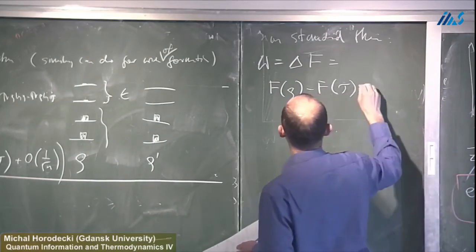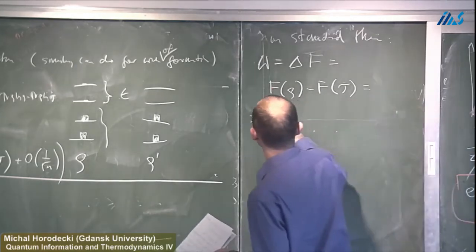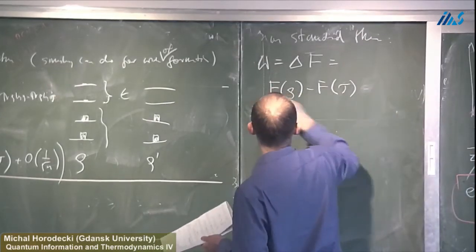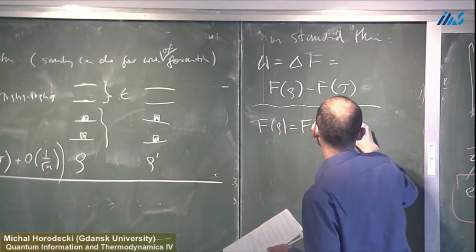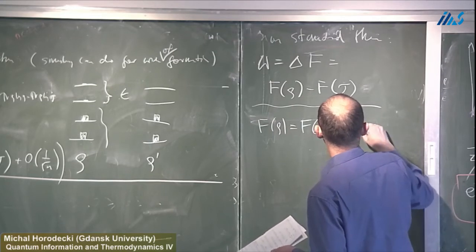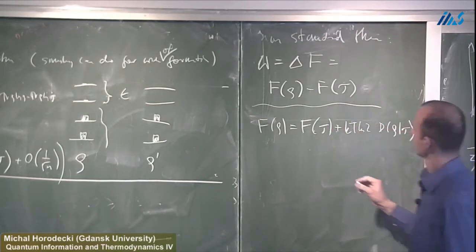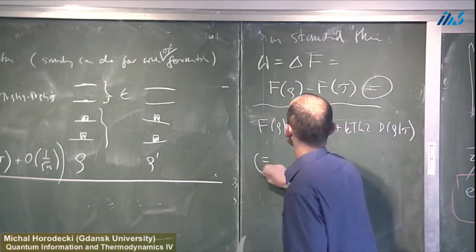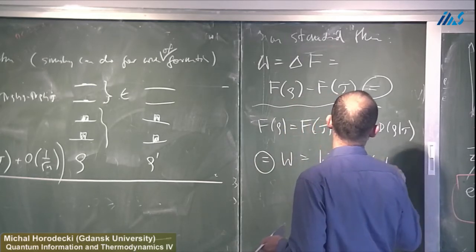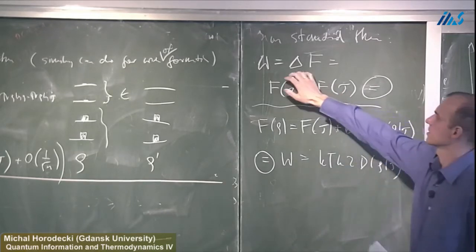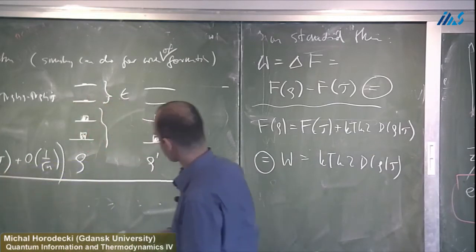But this F you can write as F rho equal to F tau plus kT D of rho tau. You can just check yourself that this is true, and therefore you get that this work is indeed simply kT D of rho tau. So the work is the difference of free energy, and therefore it's this. We've got just precisely the right answer.